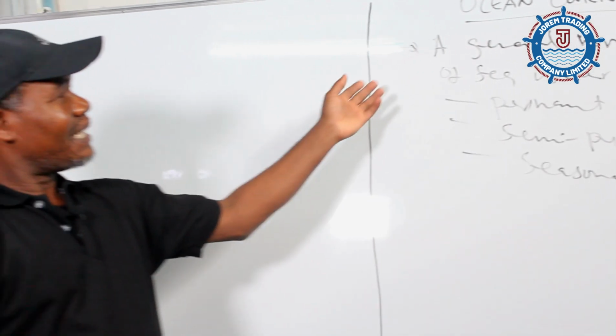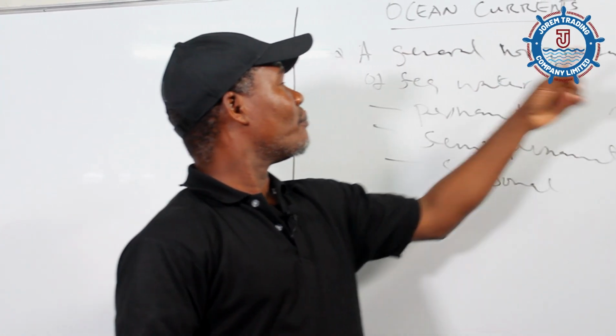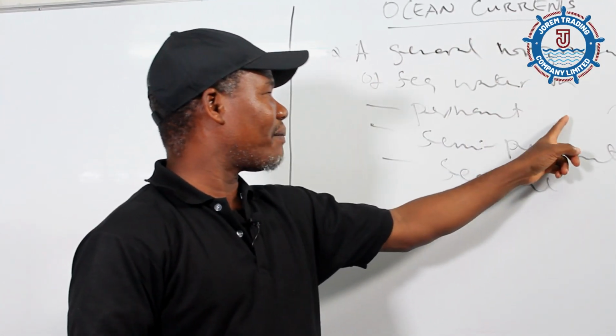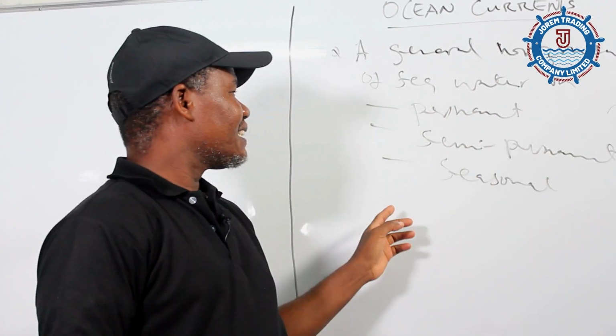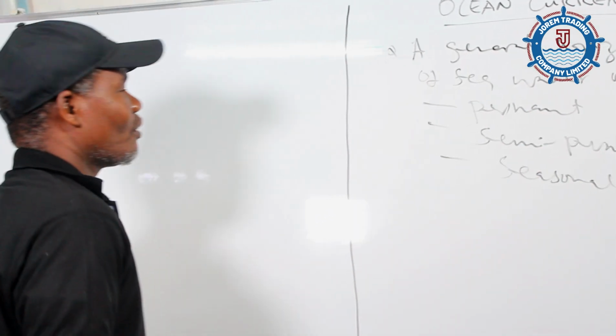An ocean current is a general horizontal movement of a body of seawater on either permanent, semi-permanent, or seasonal basis.